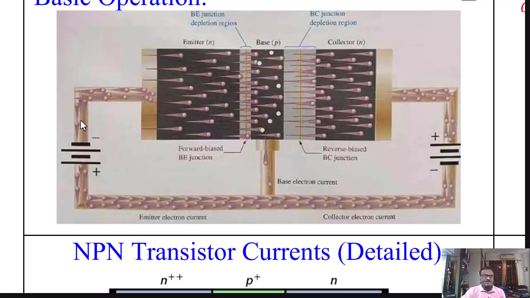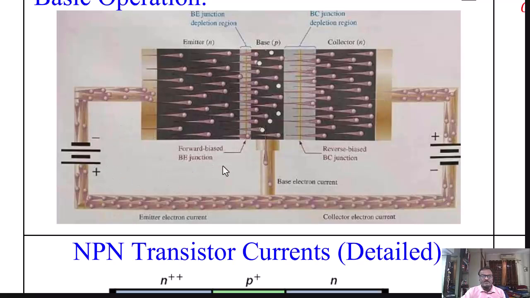Here these external wires are shown in which the electrons are flowing. Now, when the base to emitter supply is applied and the collector to base supply is applied for reverse bias condition, due to forward bias between the base to emitter junction, the electrons are pushed and forcibly cross the base to emitter junction due to its electrical potential.